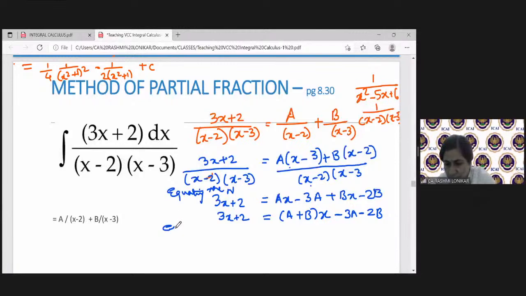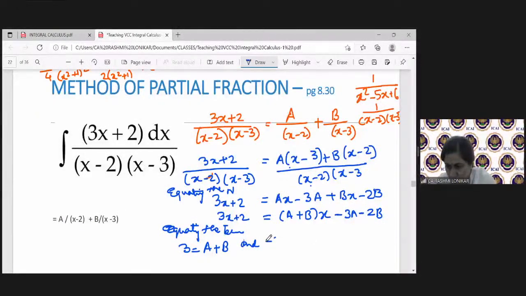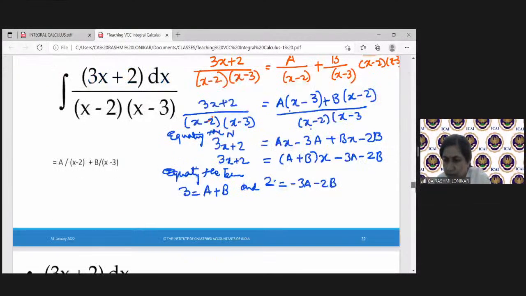Equating the terms, I get 3 = A + B, because 3x + 2 is equal to (A + B)x. So that means A + B should be equal to 3. And 2 is equal to -3A - 2B.